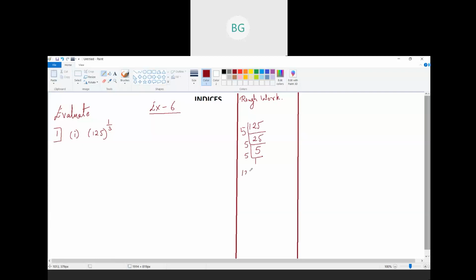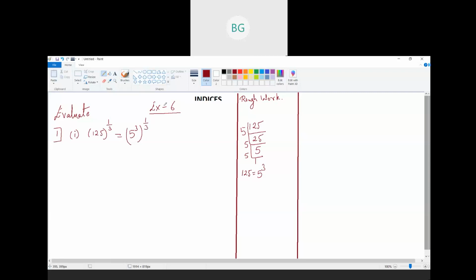So 125 can be written as 5 to the power 3. So what we do is we replace 125 with 5 to the power 3, and then we write the given power 1 by 3 as it is.